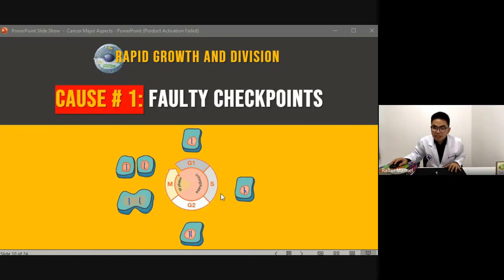And some chemical mediators will come and tell the cell, hey, you have not produced enough chromosomes. You need to go back. Kinakailangan mo bumalik. Okay? You need to produce it first and then you come back into the G2 phase. That is why a faulty checkpoint hinders cell division.